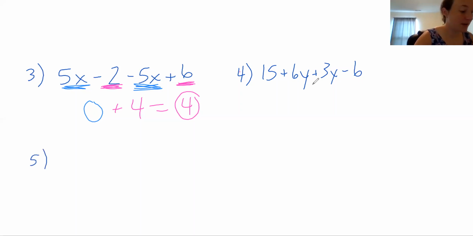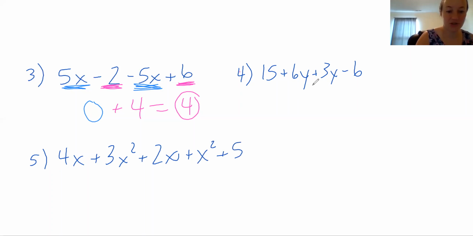Example number 5 that I want you to try is 4x plus 3x squared plus 2x plus x squared plus 5. I want you to try that problem as well. And then the last problem that I want you to try is this one.